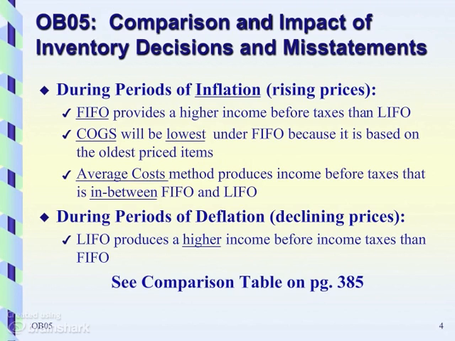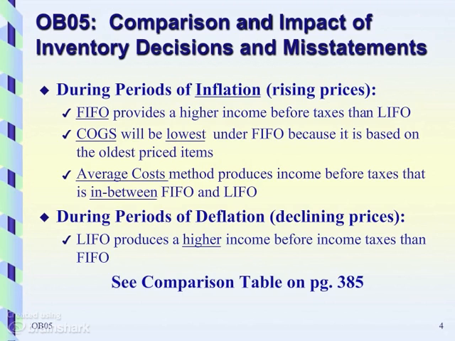The first items in will be the first items sold. So during a period of inflation, those last items that were purchased are now costed into the inventory, not into the cost of goods sold. Under the average cost method, this produces income before taxes that will fall between the values of LIFO and FIFO.